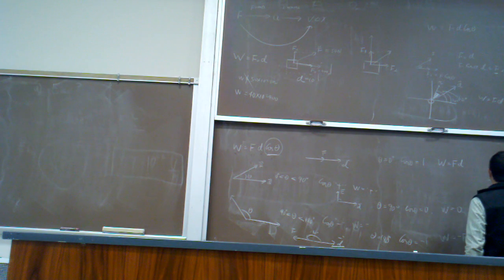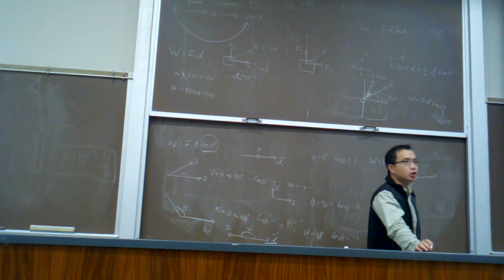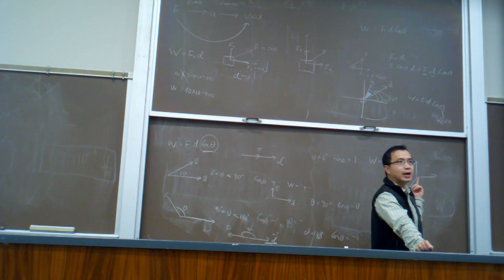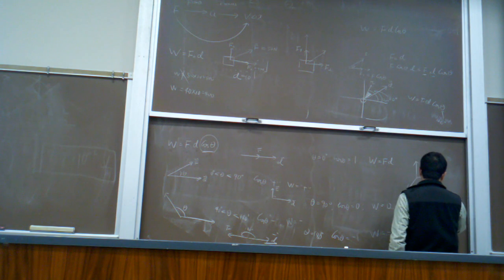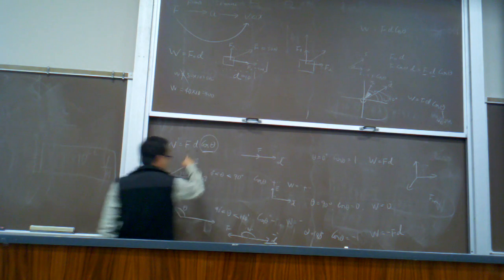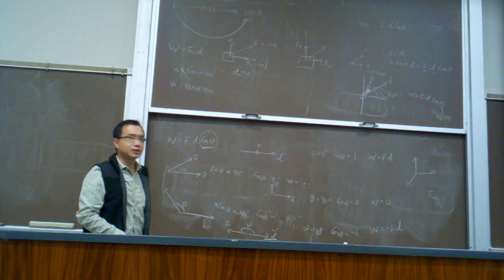One method is that if you have several forces acting on one object, we know how to find the net force. Remember that, by vector addition, we can find the net force. Once you find the net force, you can resort to this equation to calculate the net work.